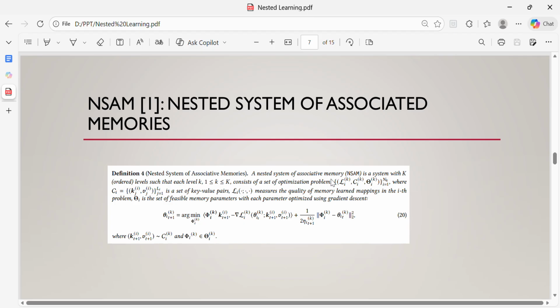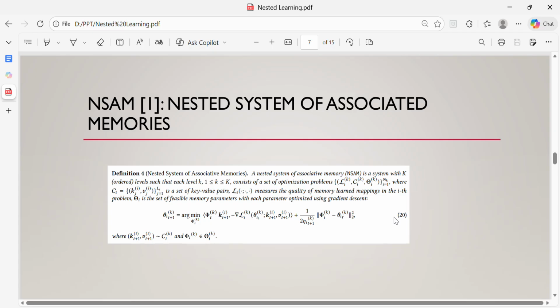A nested system of associative memories is a system of K ordered levels, 1 to K, consisting of optimization problems L_i^k, C_i^k, Theta_i^k, for i equal to 1 to N_k. So for each level we have N_k optimization problems, where C is again the same as last time, the context, consisting of keys and values k_j, v_j.